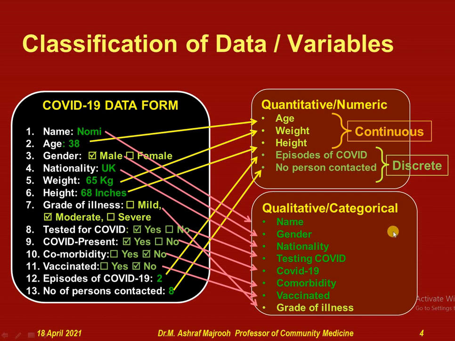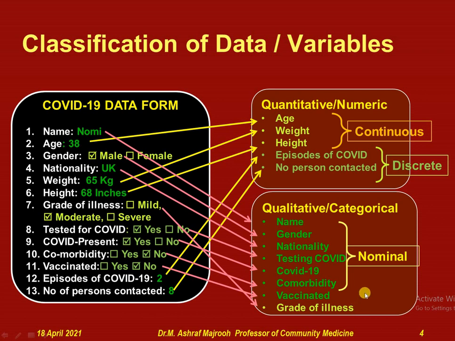On the other hand, the categorical variables are again divided into two categories. One is the nominal variables, which are coded with green color. These are the name, gender, nationality, testing status of COVID, COVID-19 status, comorbidity, and vaccination status.